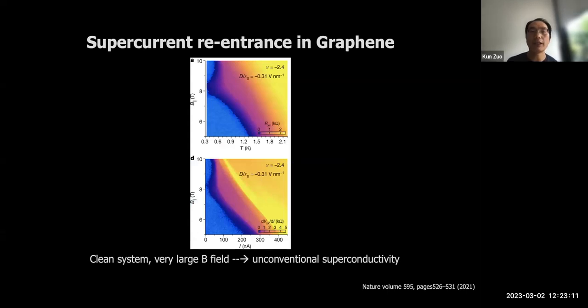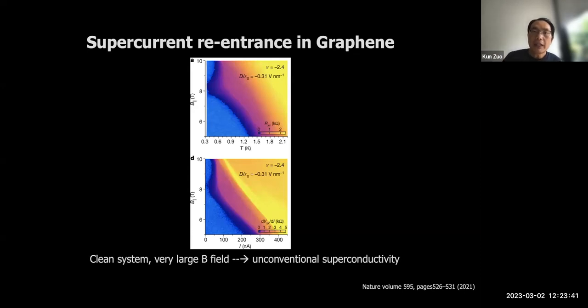It's clean. The supercurrent reentrance happened at very large B fields. Naively, we would think that because the singlet pairing shouldn't survive to that high magnetic field, it should just break, so we call it unconventional superconductivity. It might be just a singlet-triplet coupling, Cooper pairing transition.